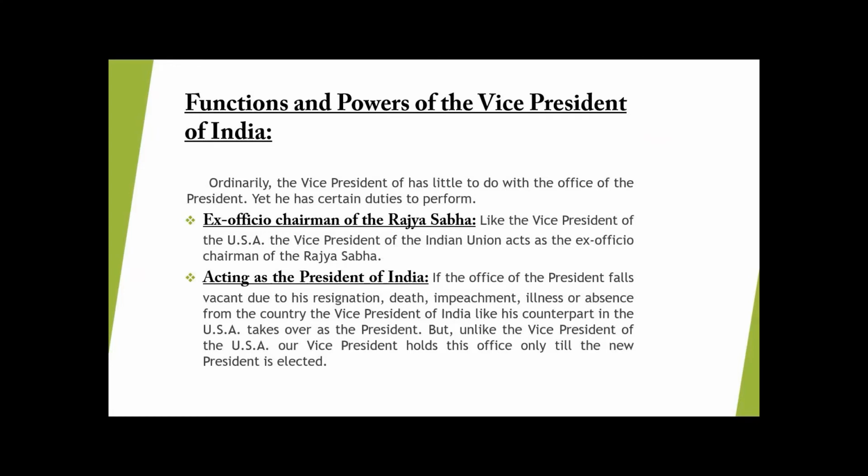Number 2. Acting as the President of India. If the office of the President falls vacant due to his resignation, death, impeachment, illness or absence from the country, the Vice President of India, like his counterpart in the USA, takes over as the President.